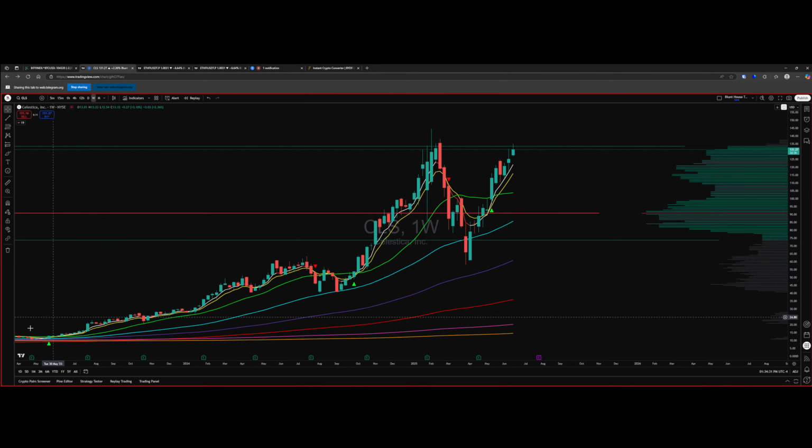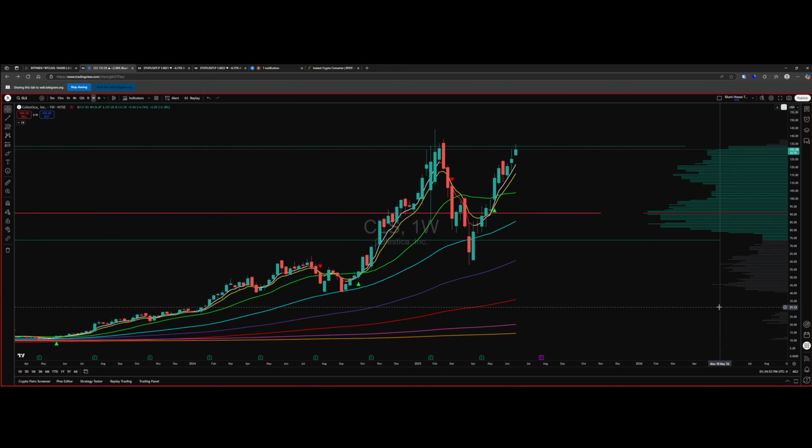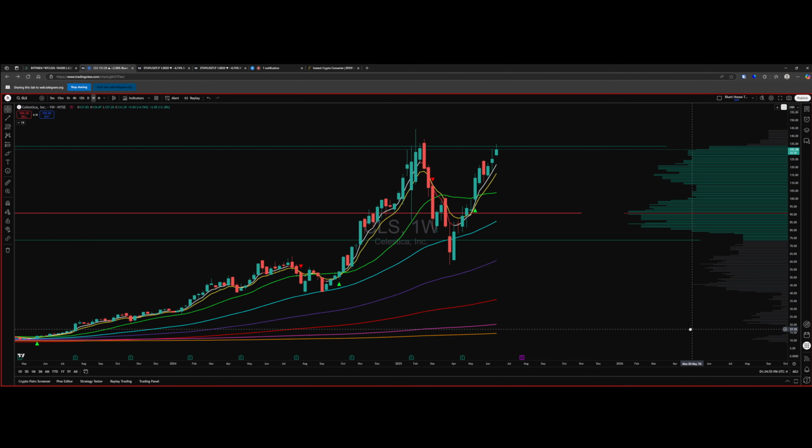When you have all your averages going flat like that through consolidation and then price starts to move higher, it's going to fan all of your averages out, starting with the shorter-term ones first. This gives you a real good idea of where price might come back to test and what those levels are.